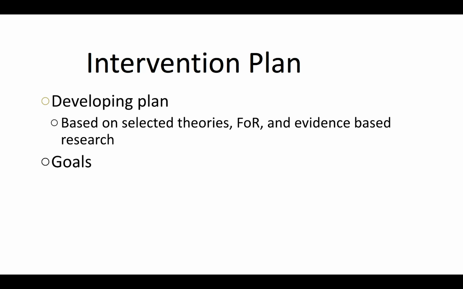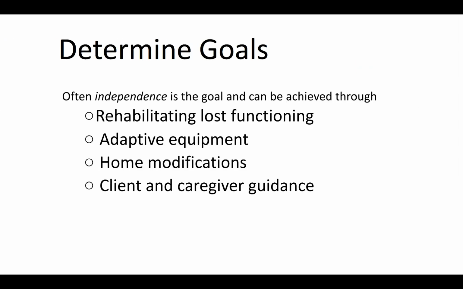But anyway, we take what we've learned about the client, what are those clients' priorities, and now we create a plan for them to work towards, and we're going to work with them on, and we're going to develop goals for that individual. Now, in order to determine the goals, we have to identify how they're going to reach the highest level of independence or highest level of function that they can do.